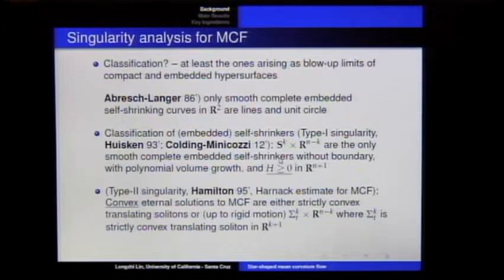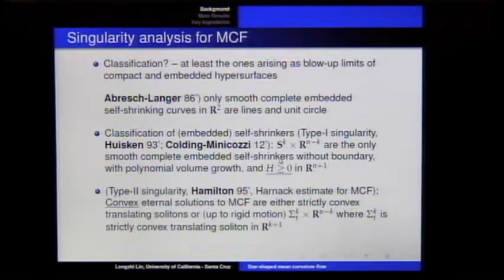That's essentially the problem. Once you know it's convex, and Hamilton's blow-up gives you an eternal solution, you know it's translating. Otherwise, it's not. So it's still a widely open subject for type 2 singularities.